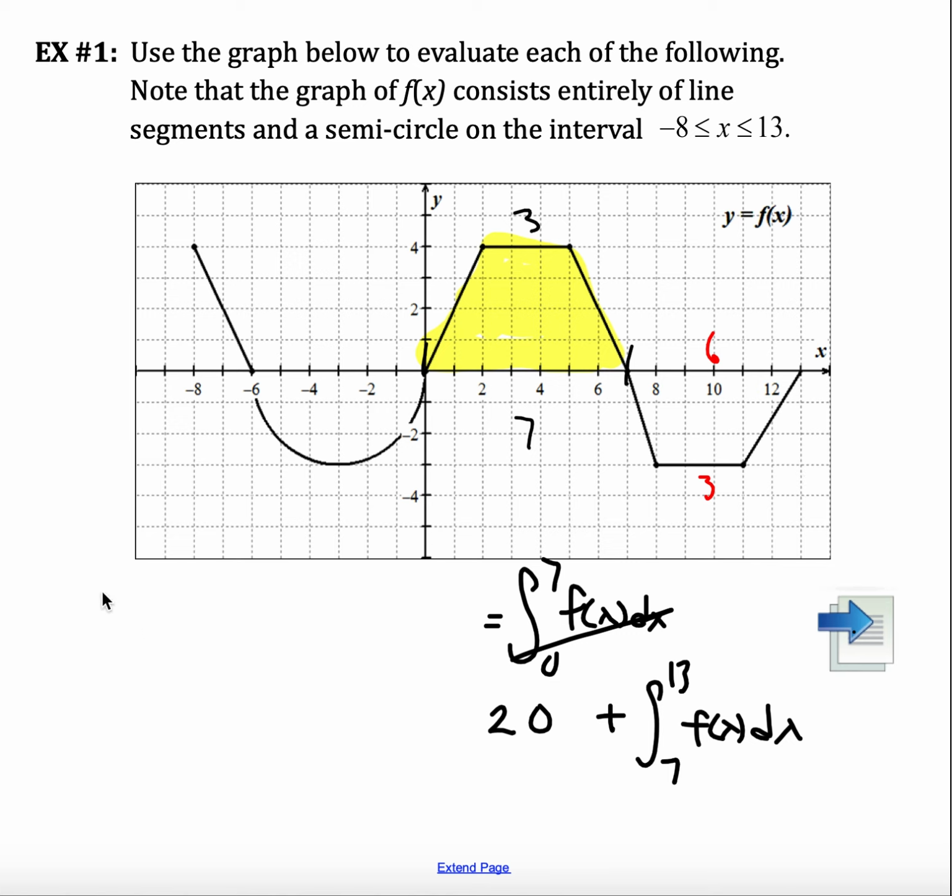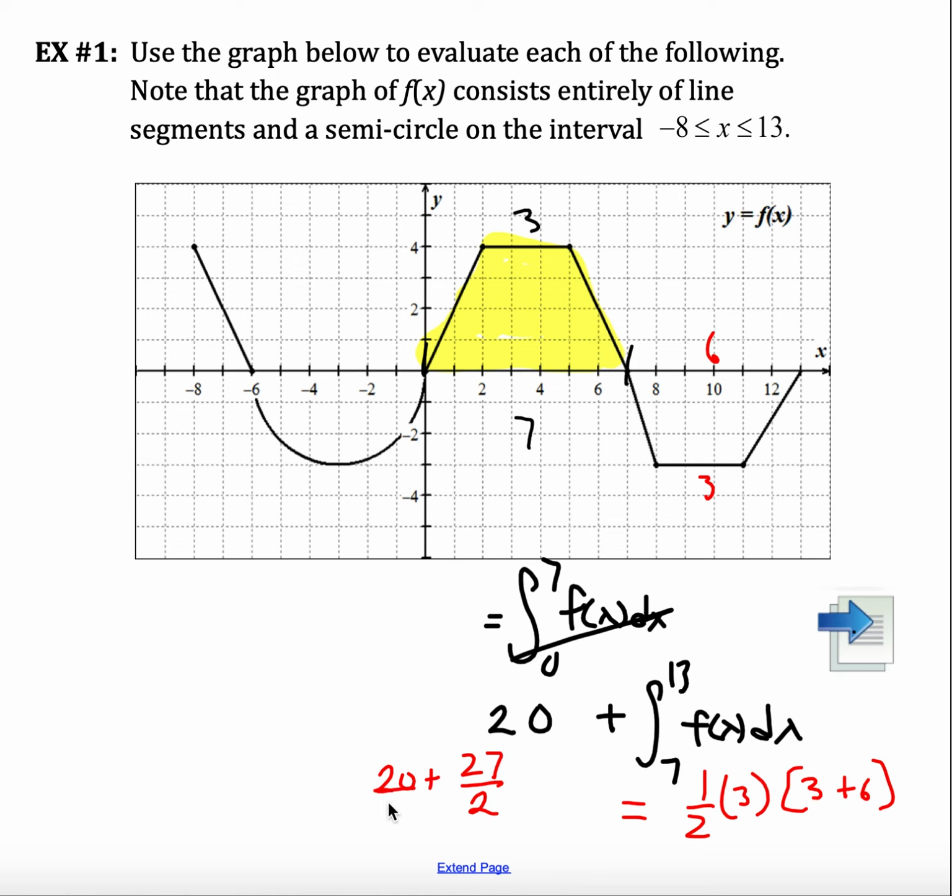So if I use that area, I could say this is equal to 1/2, and then the height of this is going to be 3. So 1/2 the height times base 1 plus base 2. And if we add that all together, you get 27 over 2. So I have 20 plus 27 over 2.